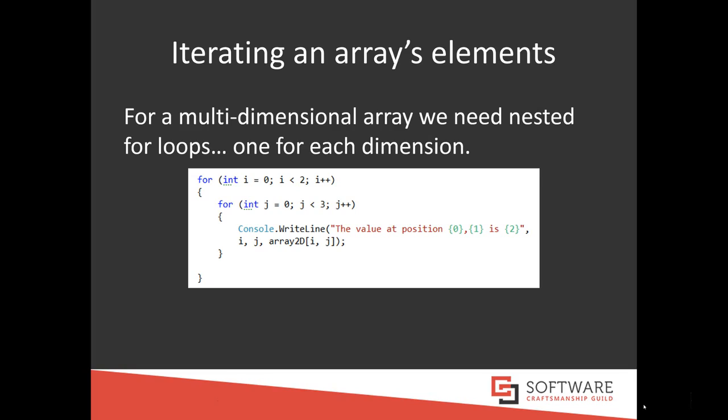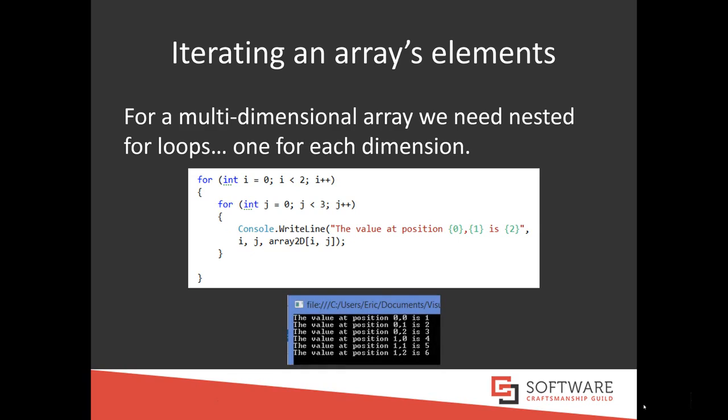So this is going to print out the value at position x comma y is, and it's going to give the value of the element. And you can see when we printed that out, we have our outer variable i, our inner variable j, and then the element of the array at position i comma j. And that's going to print out each of those 6 values from the previous slide.